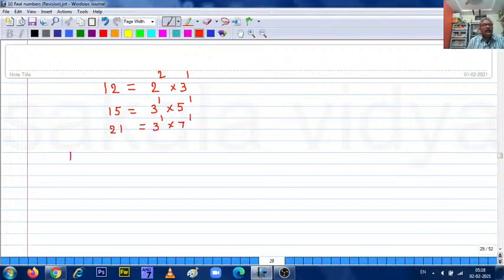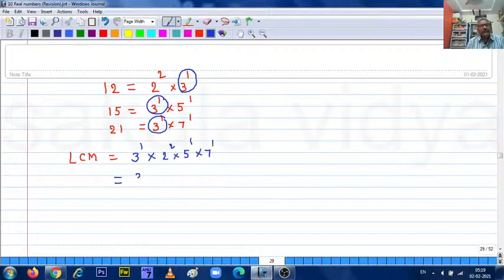Next, LCM is equal to, you need to take the common as well as the other factors also. The common is 3 power 1, into the remaining also, 2 square, 5 power 1 and 7 power 1.